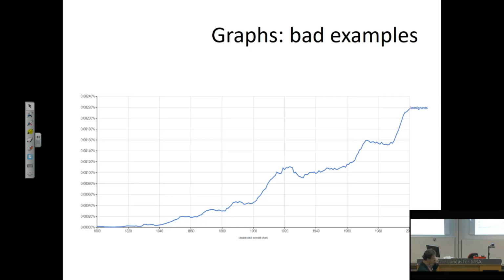And using the Google Ngrams, we can search the corpus, if you like, but I would hesitate to call it a corpus in the proper sense, and find out the development of words such as immigrants.